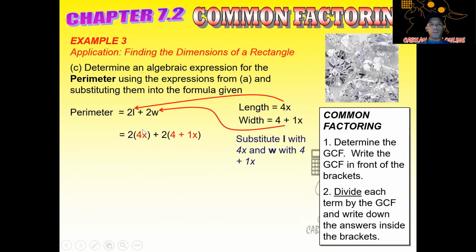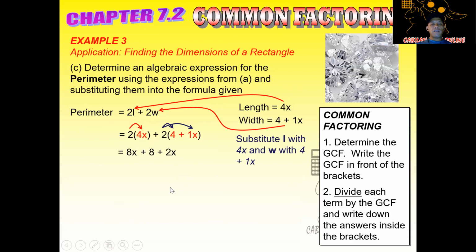So what I want you to see is all I've done here so far is just substituted the letters with the terms that we found out in the previous question. All right, so 2 times 4x will give me 8x. And then we're going to multiply the 2 to the 4 and then 2 to the 1x, which is going to give me 8 plus 2x.